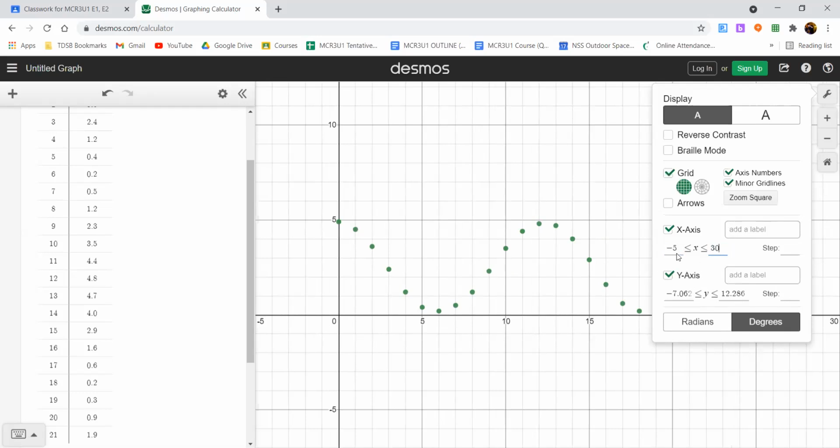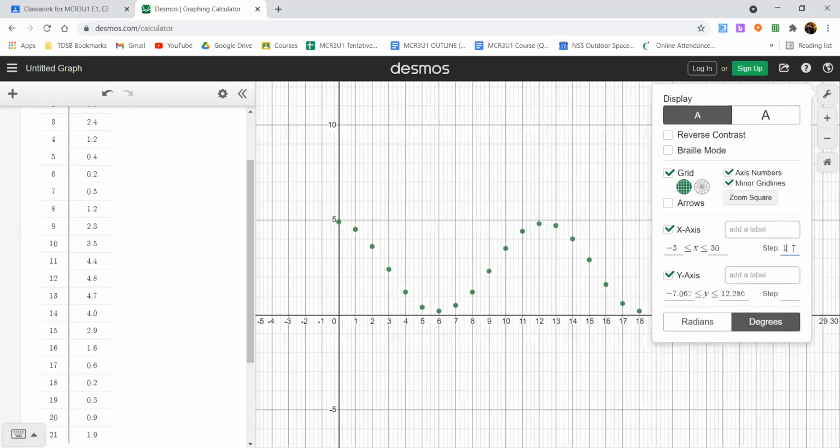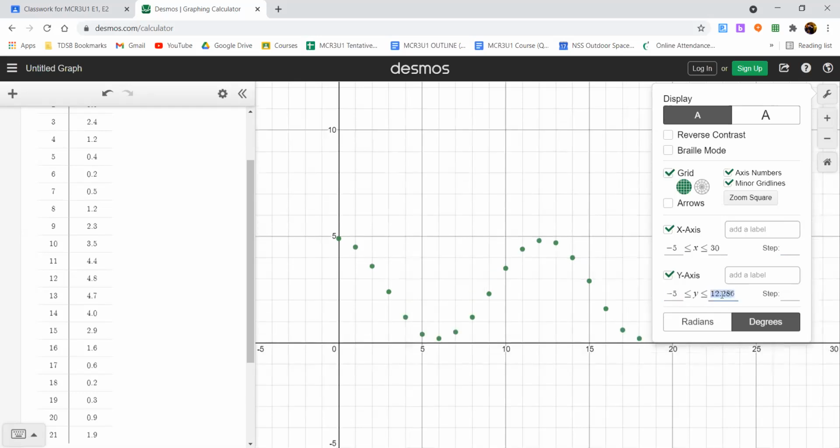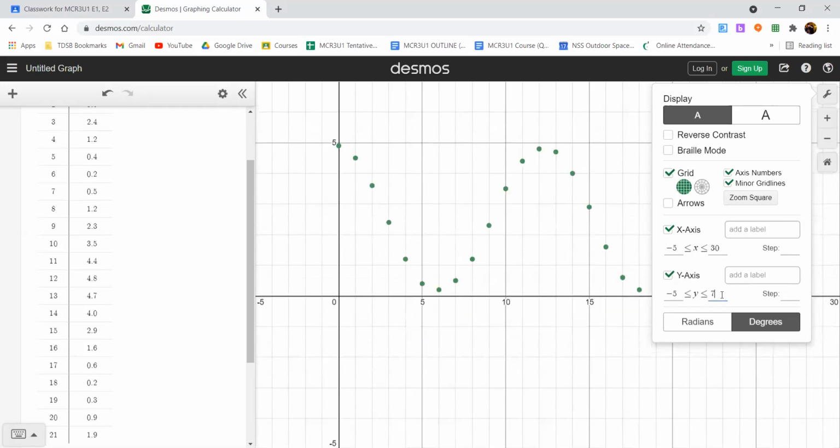Next, maybe I want to show the steps in one. We'll show everything. That's a little messy, isn't it? Let's just do that. Next, my y-axis, maybe I want to have a little less room. Maybe I'll start at -5, and I want to go up to 7. Bam.